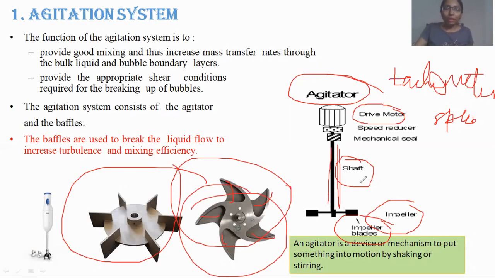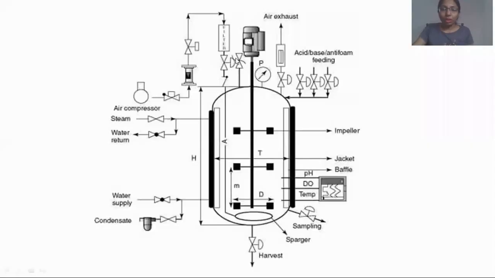Then you have something that is known as baffles. What do you understand by the word baffle? Can you see this in this diagram? This one. This is termed as baffle, the side support.